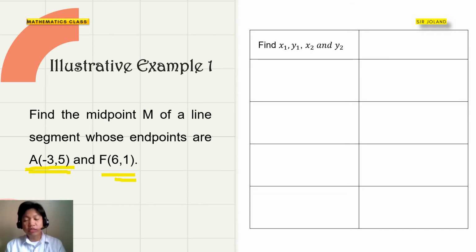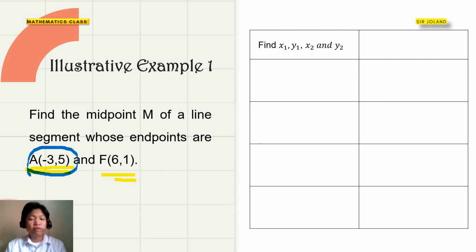Okay. So, by solution natin, you just follow these steps. First step natin is to find what is x sub 1, y sub 1, x sub 2, and y sub 2. So, again, napakahalaga na tama ang pagbibigay natin ng value nitong mga to. Saan ba nanggagaling ulit yung x sub 1, y sub 1? Like what I said dun sa mga previous videos natin about distance formula, tinuro natin na yung ating x sub 1, y sub 1 ay manggagaling sa ating first pair of points.